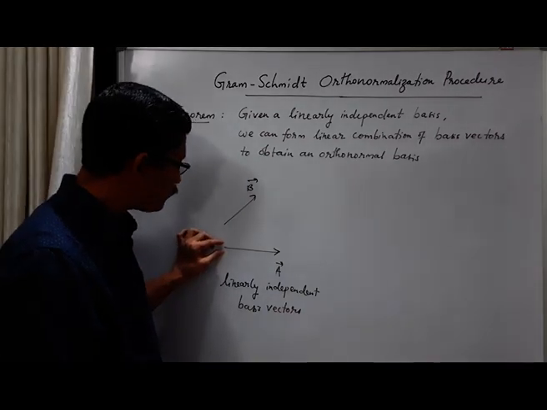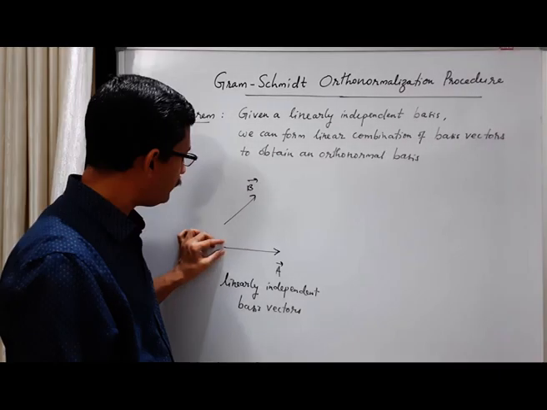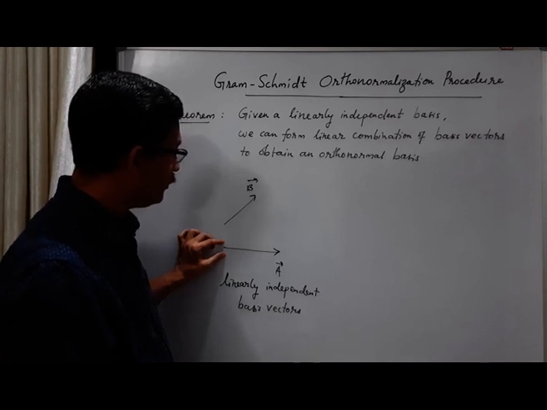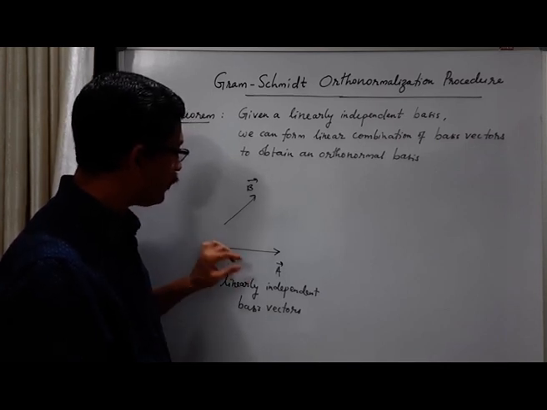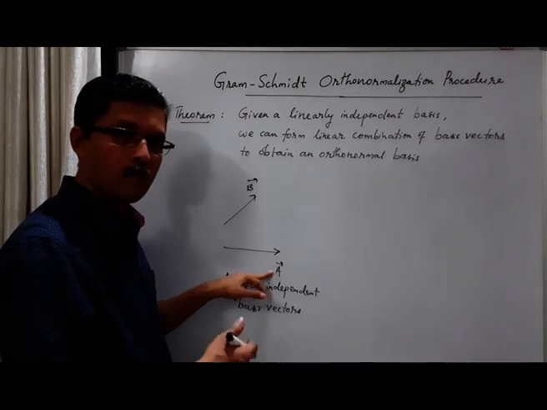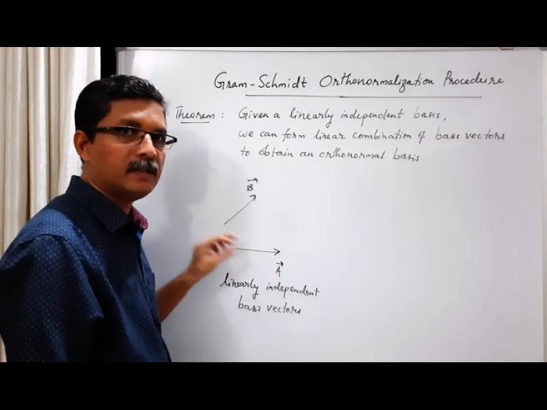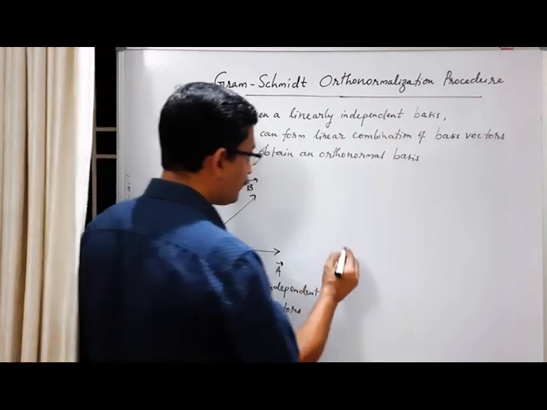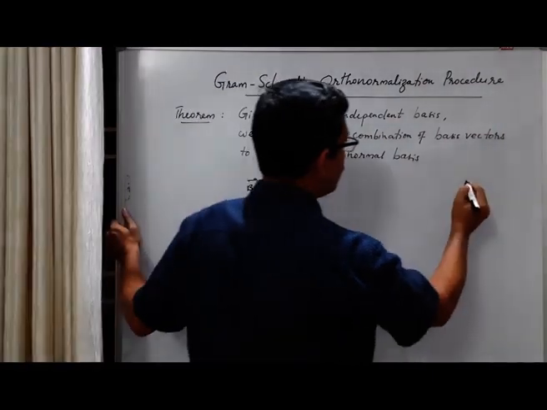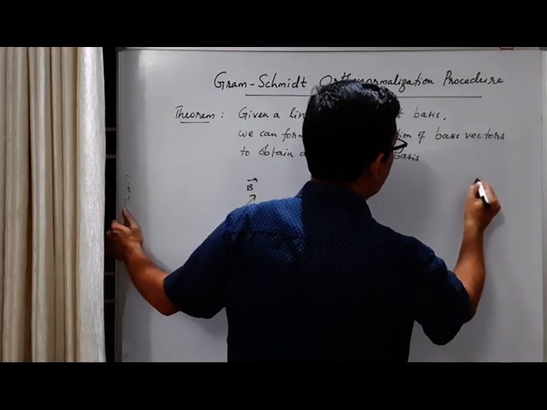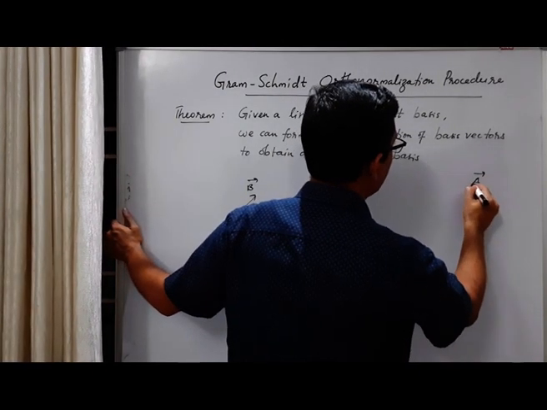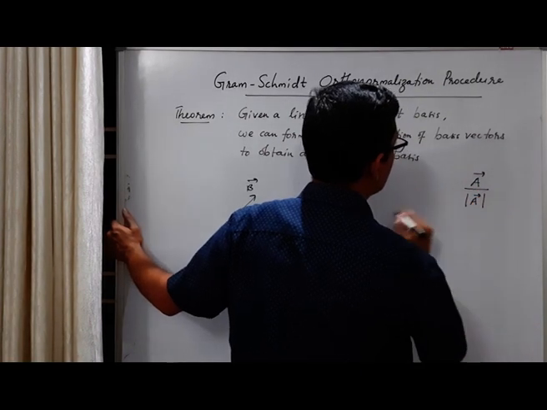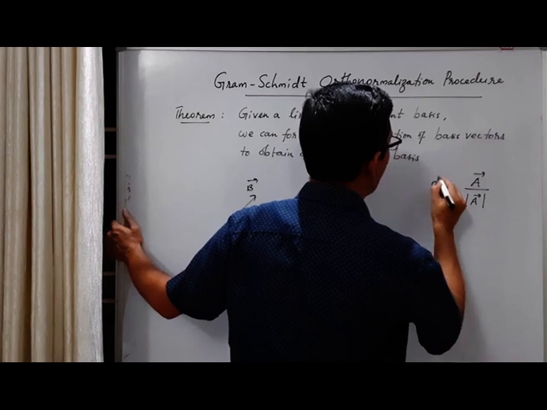Now first we choose one vector, this vector A. Then we can divide this vector A by its own magnitude. Then we get a unit vector along the direction A. Let us call this small a.